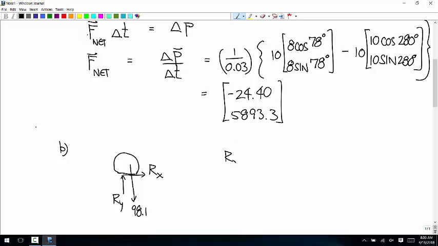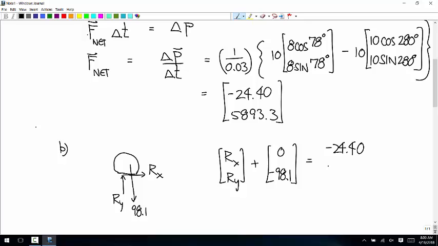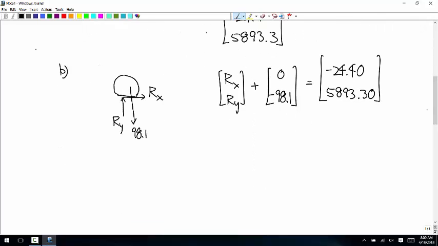So we know that this vector, Rx, Ry, the contact force, plus 0, negative 98.1, is equal to the net force we just calculated. So that's negative 24.4, 5893.3. And so the contact force for X? Yeah.